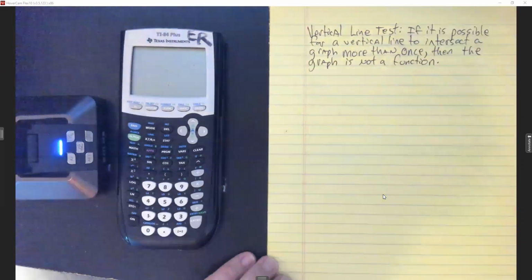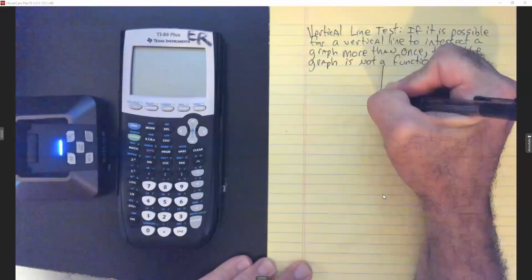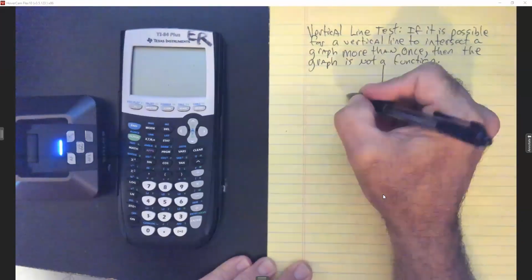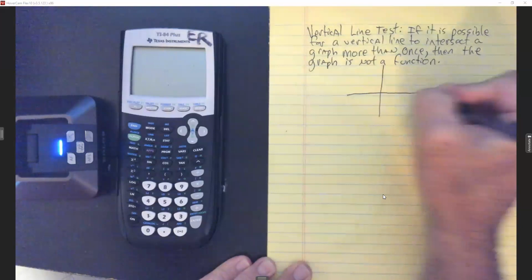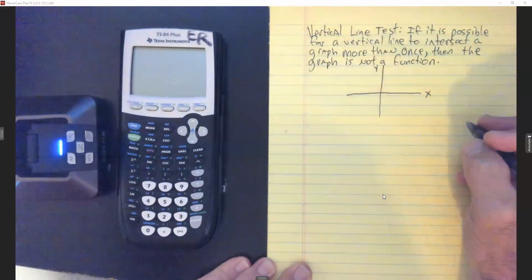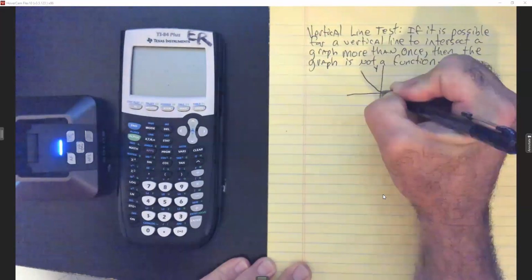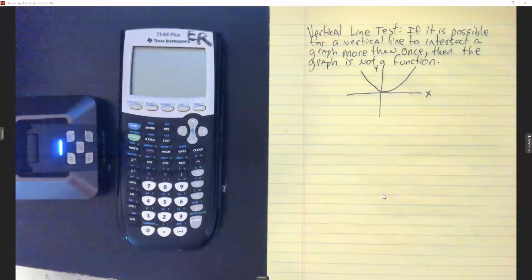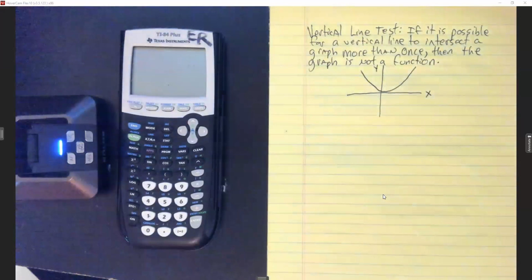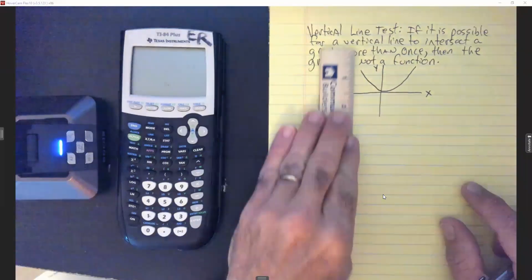Okay, so let me just draw a little graph here to explain what we're talking about. So I have my X and my Y. We've been playing with parabolas a lot, so I'm just going to draw a little parabola here. What it means is we should be able to go left to right with a vertical line.